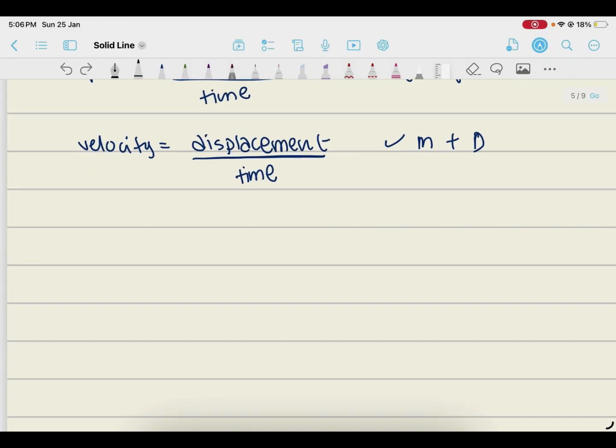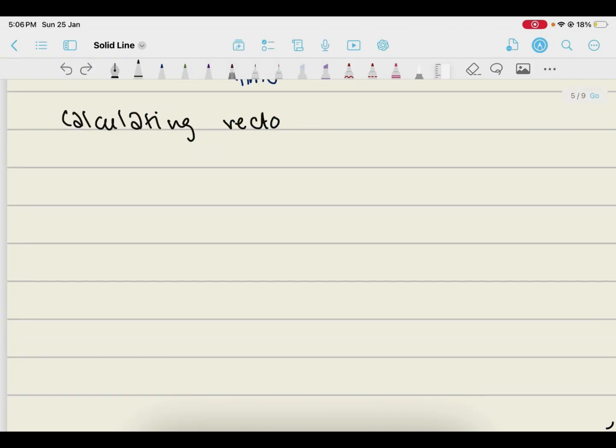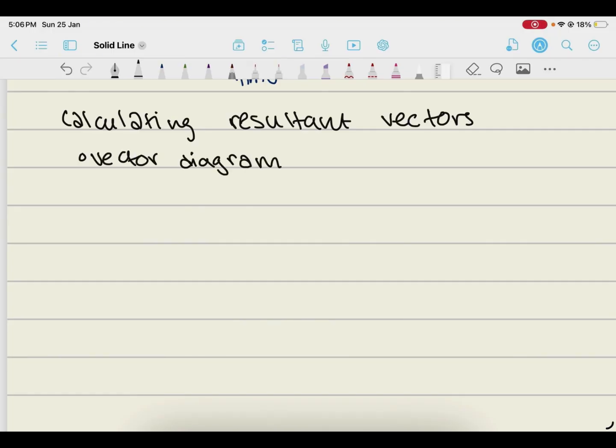Next thing we'll be talking about is calculating resultant vectors. First thing you need to know is vector diagrams. You represent vectors with an arrow, okay?